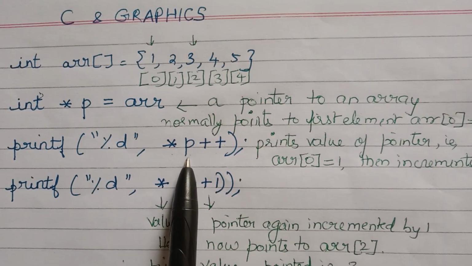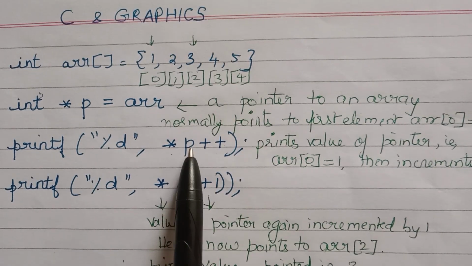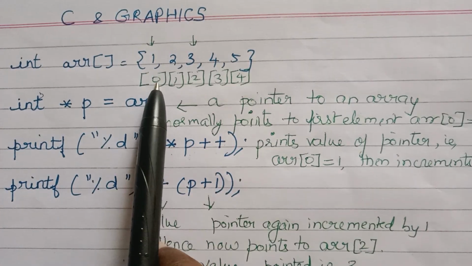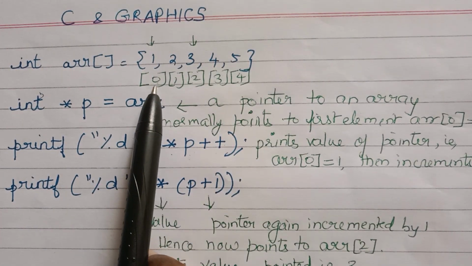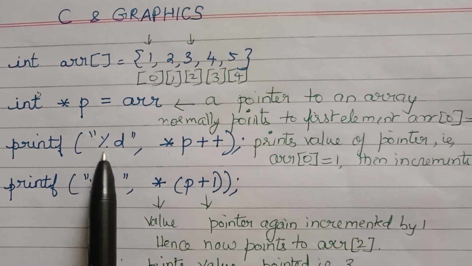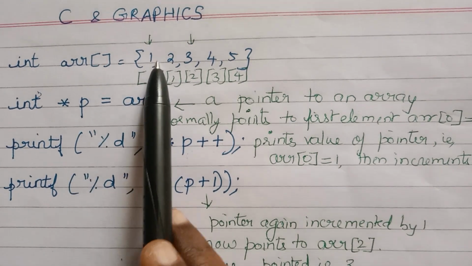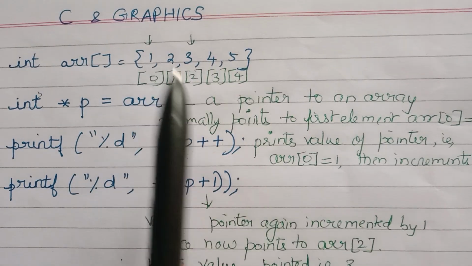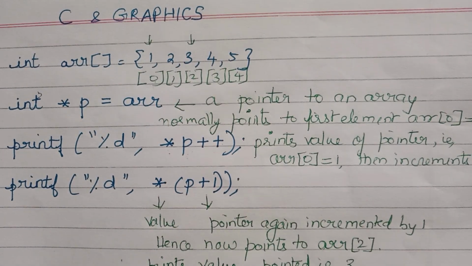What is the value of p? p is the address, pointing to address 0. So what is the value? The value is 1. Hence the output will be 1, because arr[0] is 1. So first the output is 1.